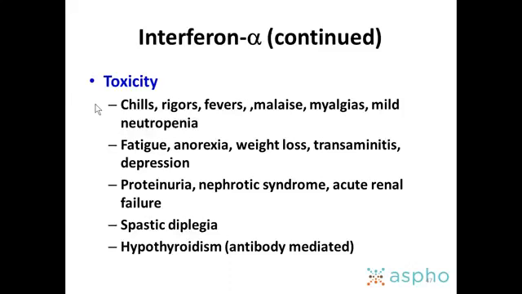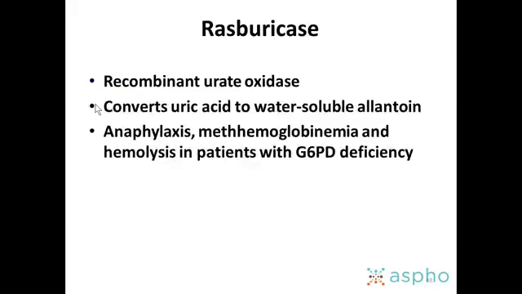In infants, it's noted to cause the specific toxicity called spastic diplegia. That's why it's not recommended to be used in children less than 1 year of age. And it can also cause hypothyroidism, and this hypothyroidism is because of a cross-reactive antibody. So it's an autoimmune thyroiditis.